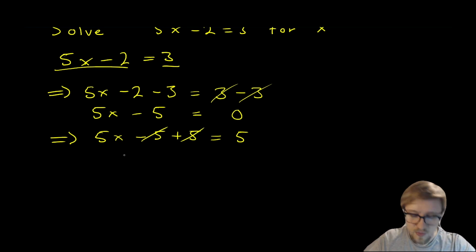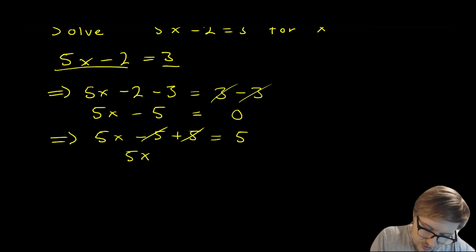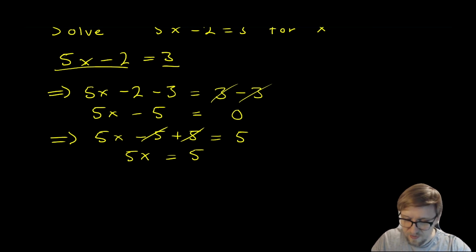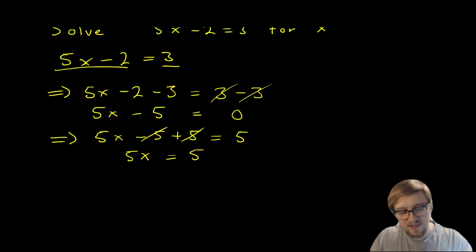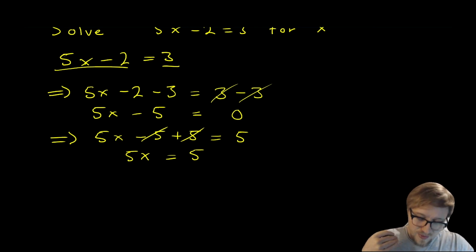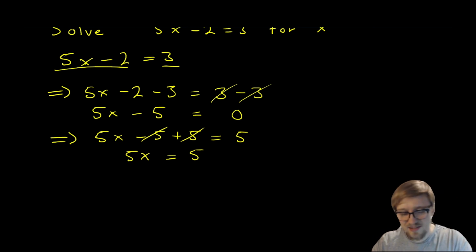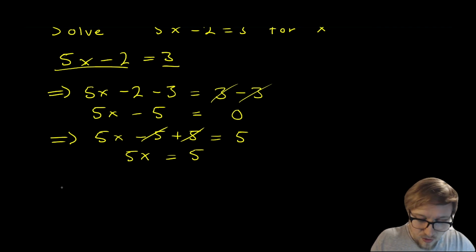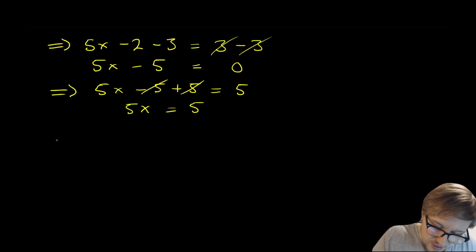So we're going to be left with just 5x on the left-hand side and a 5 plus 5 on the right-hand side. Now to get to x, we have a pesky 5 sitting in front of the x, so we want to divide both sides by this 5, the overall factor that's sitting in front of the x.